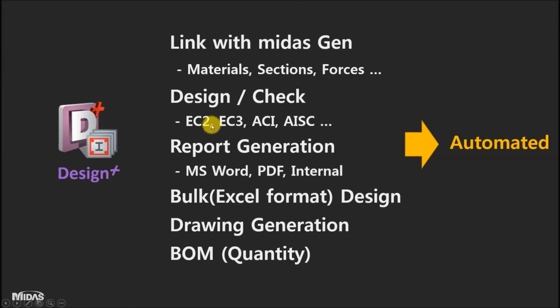And we also have report generation in MS Word format or PDF file format and internal report. We can even do the Excel format design and drawing generation. So all these features are automated, and we will see these functions today.